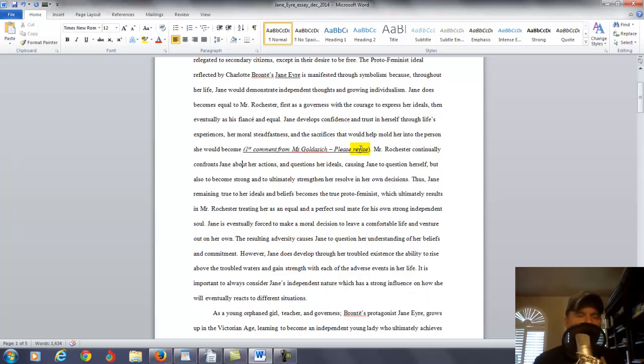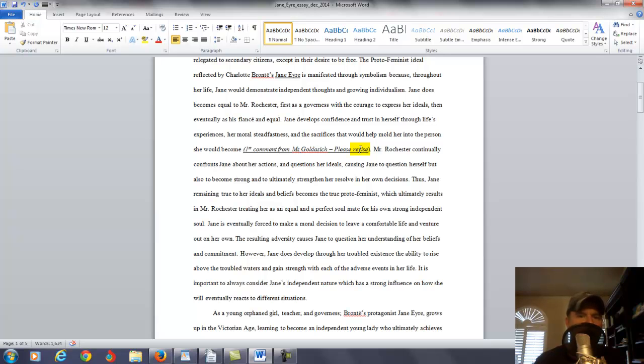Mr. Rochester continually confronts Jane about her actions and questions her ideals, causing Jane to question herself, but also to become strong and to ultimately strengthen her resolve in her own decisions.